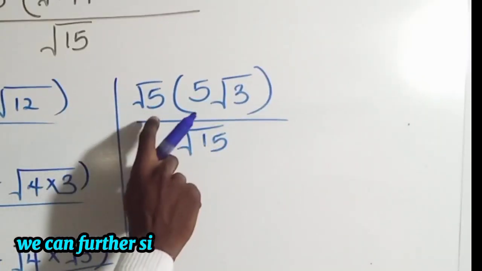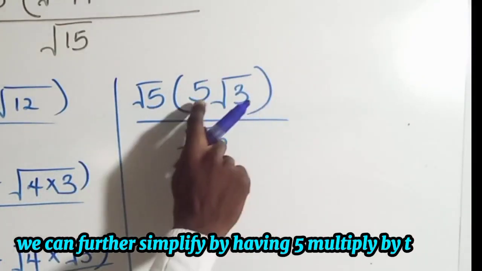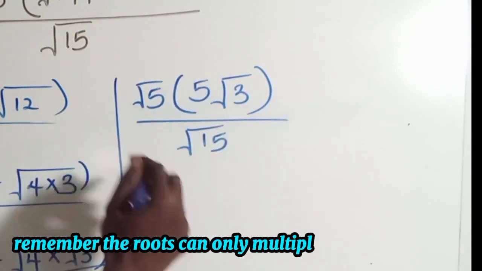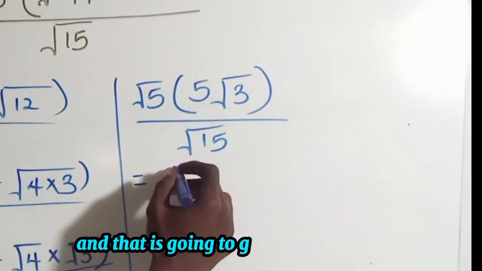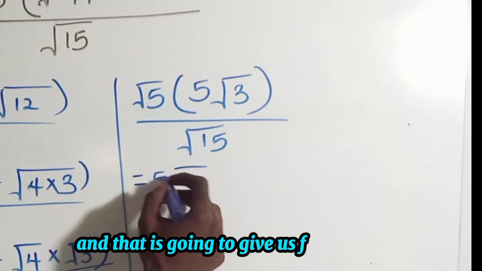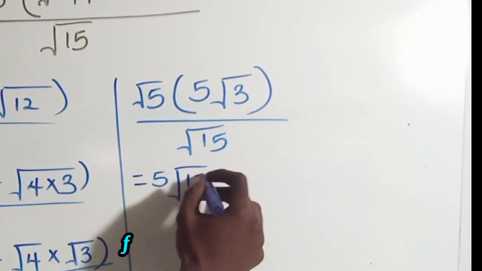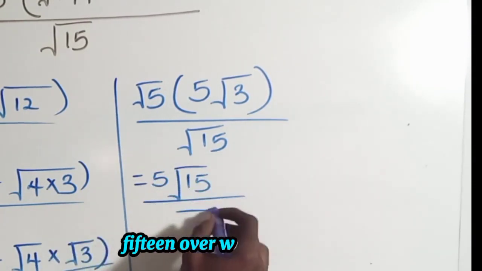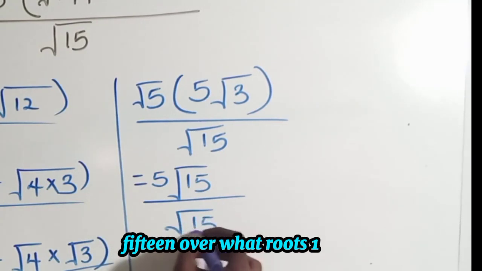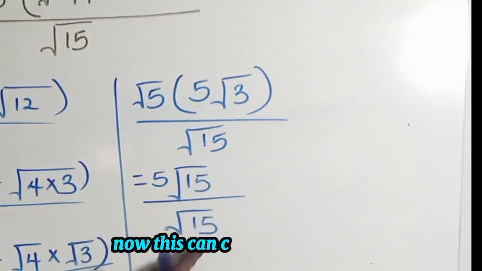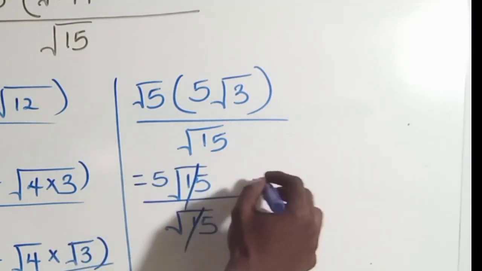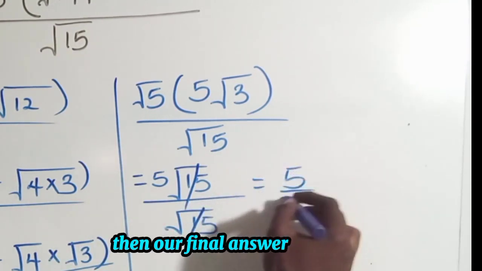So we can further simplify by having 5 multiplied by this. Remember, the root can only multiply the root here, and that's going to give us 5 root 15 over what? Root 15. Now, this can cancel out this. Then our final answer is 5.